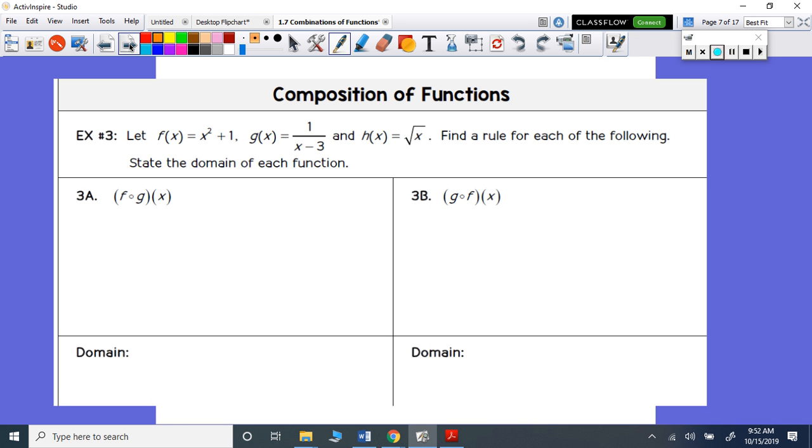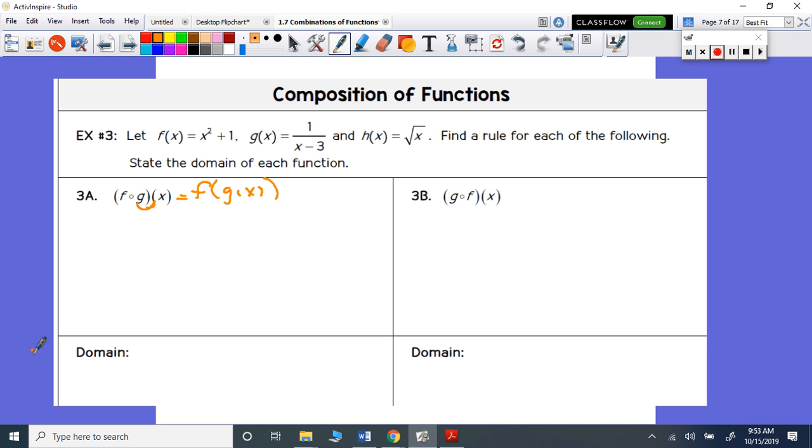They're going to give you individual functions, f, g, and h. Hopefully this is not the first time you've seen this. What this means is the composition of f to g. Whoever is closest to your x, that's who gets sucked in all the parentheses.